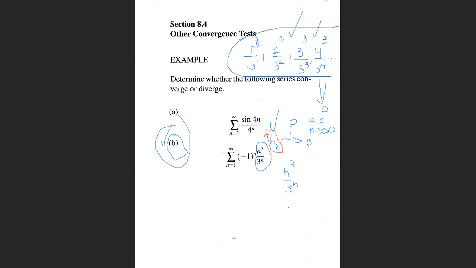But for me, it's not obvious what terms I would compare the terms to. What series would I compare this to? So really, using absolute convergence is also perhaps not the best way to go.